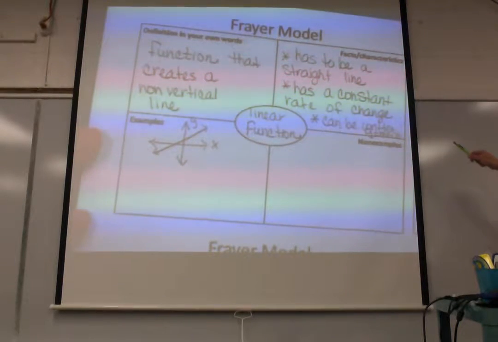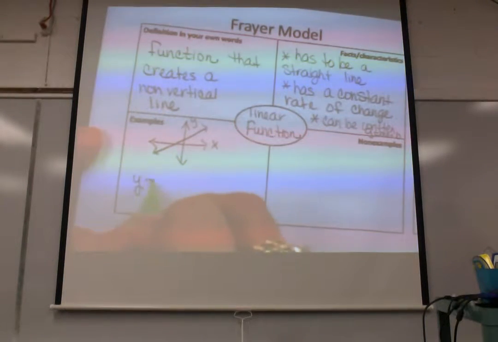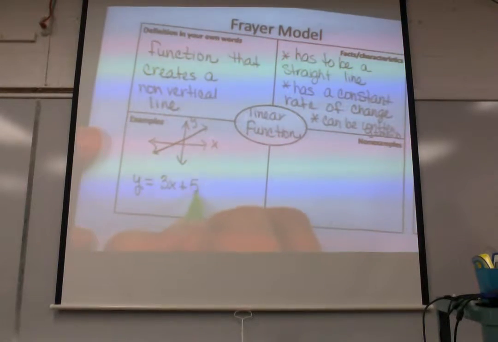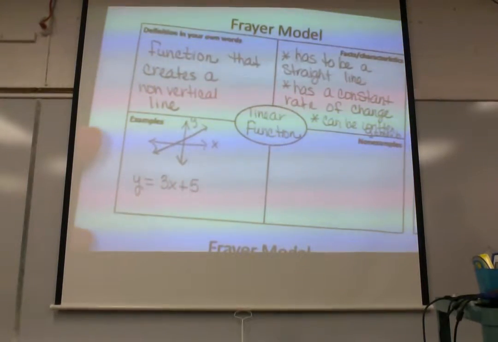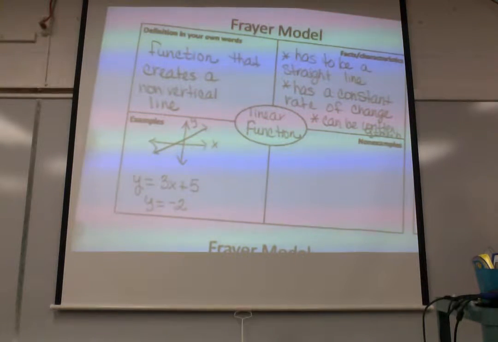And since I jumped ahead and put that equation in there, I want you to include an equation. So y equals 3x plus 5. That is an example of something in slope-intercept form. And y equals -2 would be another example.